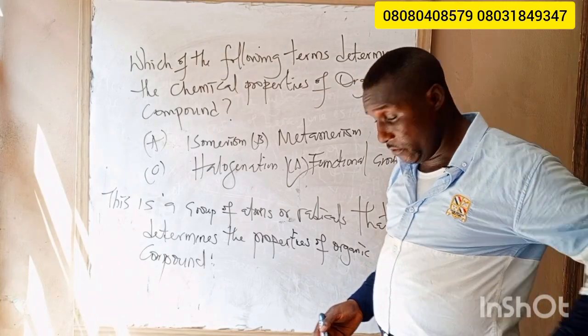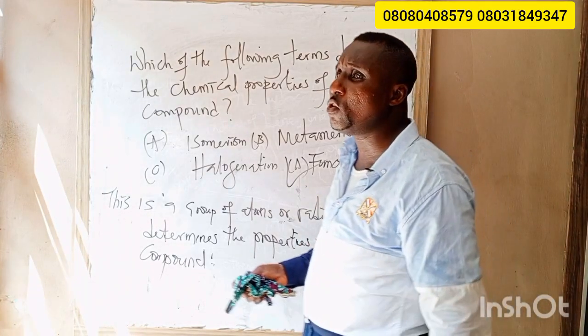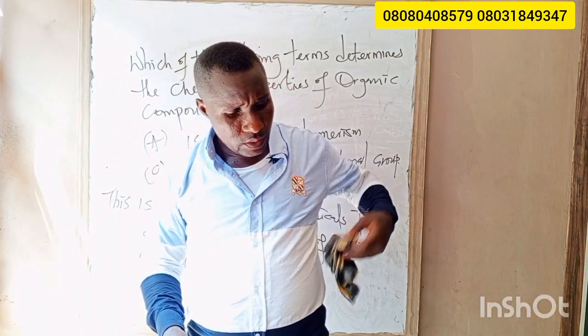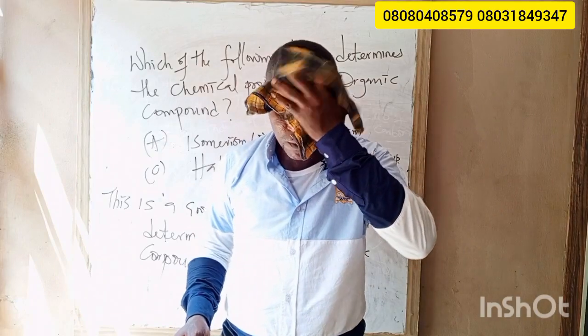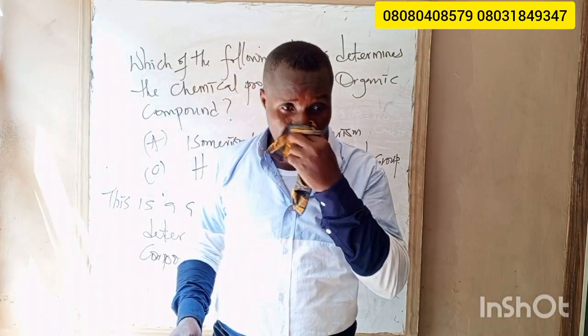That is functional group. Then let us look at each homologous series of hydrocarbon and their derivatives. Let us look at the name of their functional group and the structure of their functional group.